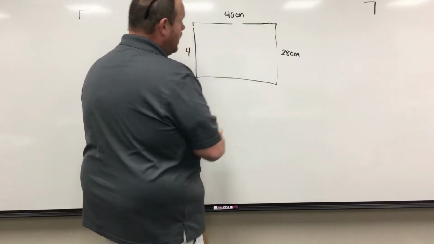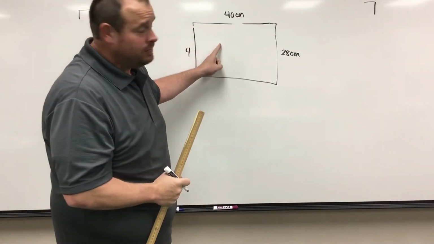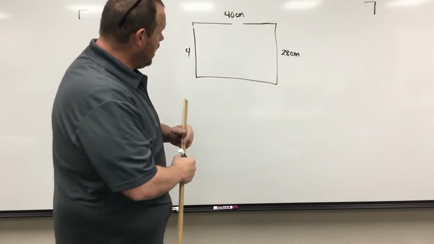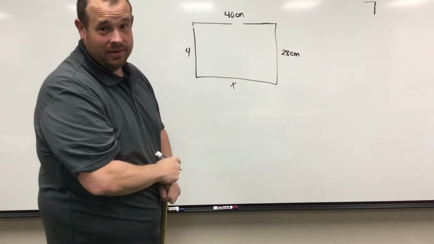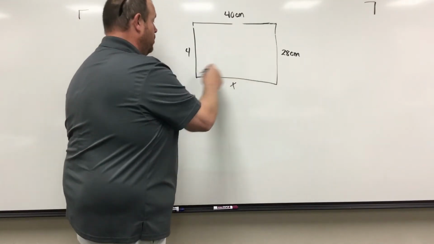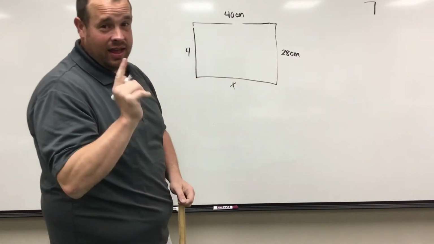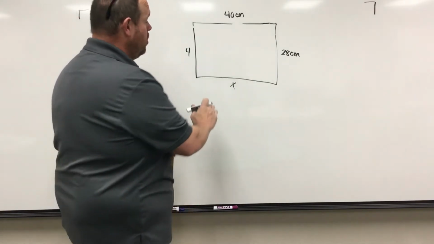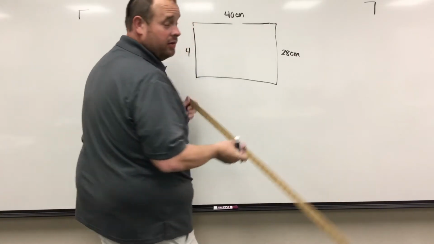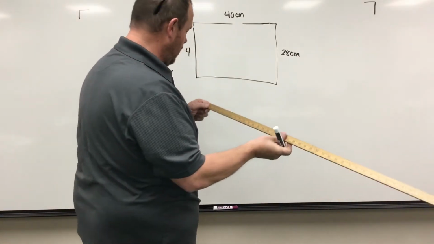Now, if this is a rectangle, this side will be the same as this side, and this side will be the same as this side if it's a true rectangle. But since we're measuring perimeter, we are just going to make sure, because I haven't said if this is a rectangle or not.